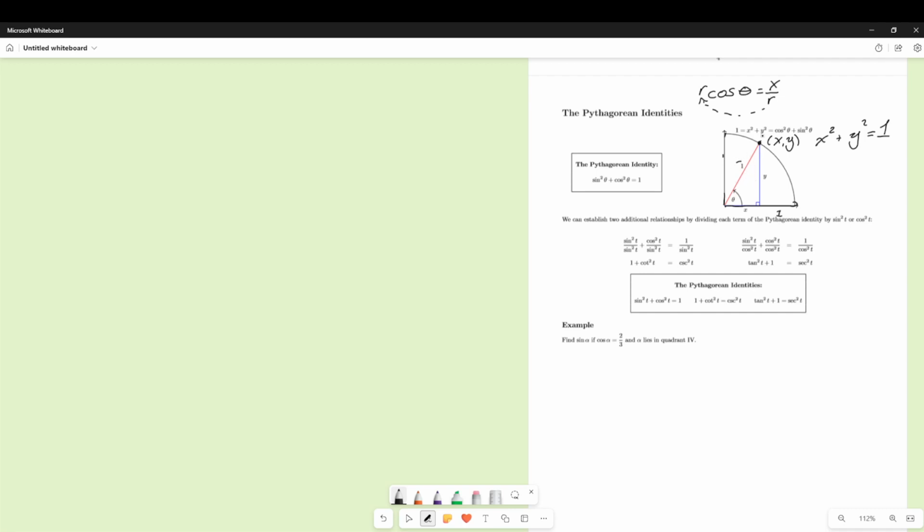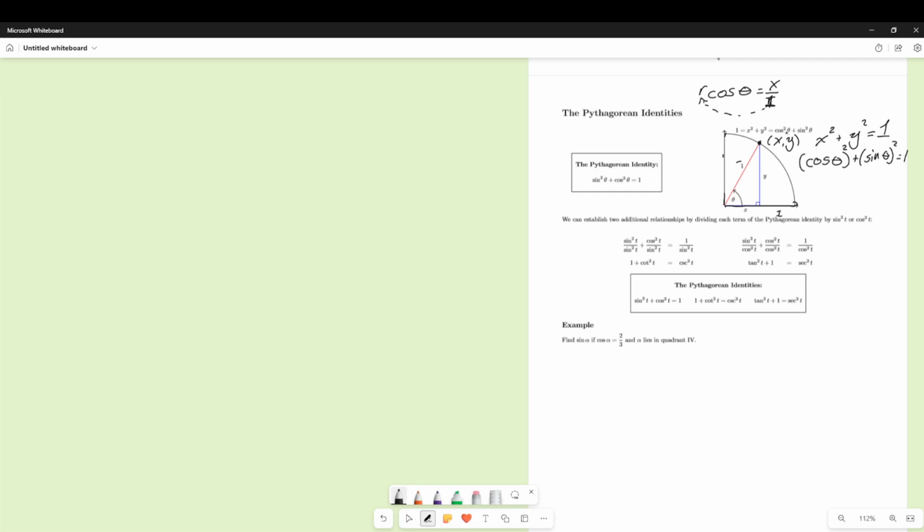So as long as we're in a circle of radius 1, that's just a 1, and the x value is the cosine value squared plus the sine value squared still equals 1. And really that's the Pythagorean identity.